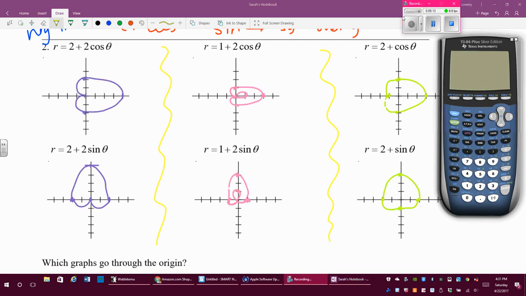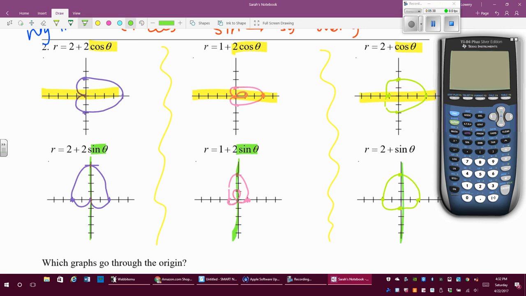All right, if you're joining me back, you should have all 6 of these graphed. Some things that I want to point out to you. All of my cosine graphs ended up being symmetric over the x-axis. Again, all of my sine graphs ended up being symmetric over my y-axis. That is intentional.